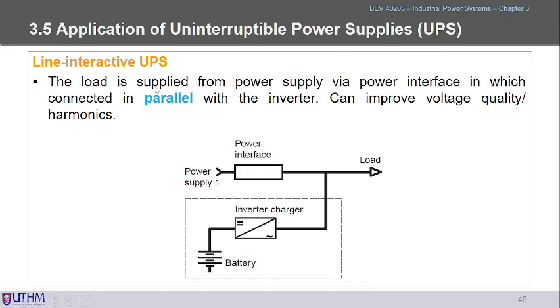And the line interactive UPS is connected in parallel, both are operating together, right? In this case the main purpose of the line interactive UPS is to improve the voltage quality, because most of the time in the IPS we face voltage quality problems from our incoming mains. So no doubt we need to use the UPS to correct some of the voltage quality.